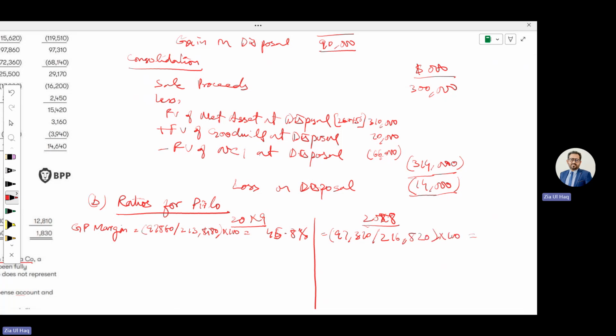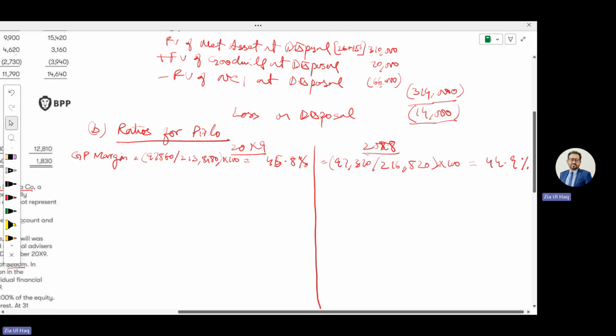So that is 44.9%. Okay, so GP margin we have calculated.